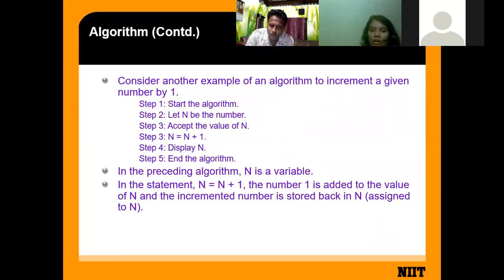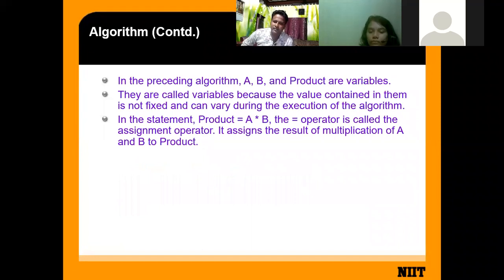Now, the heading: what is a variable? Write it down.